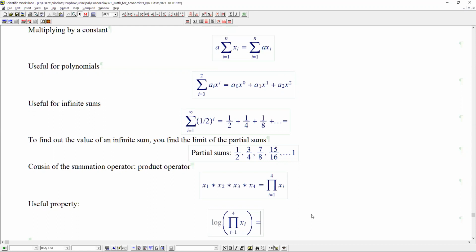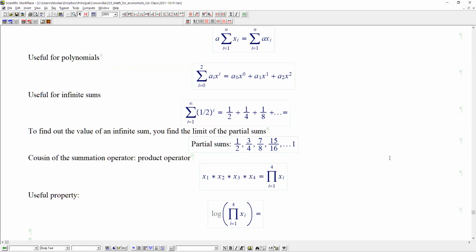In terms of sum, yeah, I get the sum of logs. So this is useful in econometrics. But we're not there yet, don't worry.